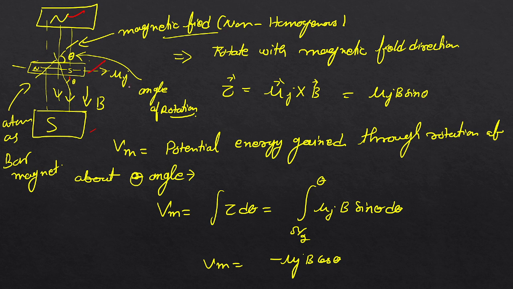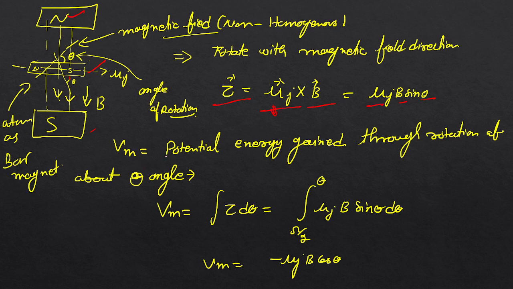When something rotates, we know that a torque comes into action. Torque is just a rotational force. So torque is equal to mu j into B sine theta. Mu j is the magnetic moment of that bar magnet, or you can say the silver atom, and theta is the angle through which it is rotating.